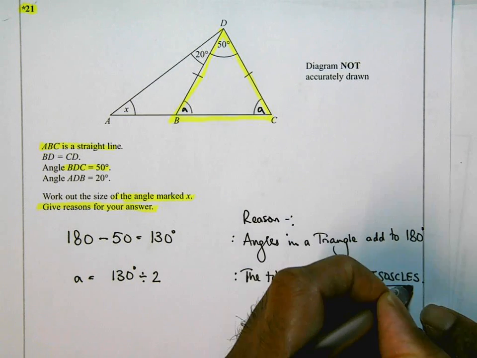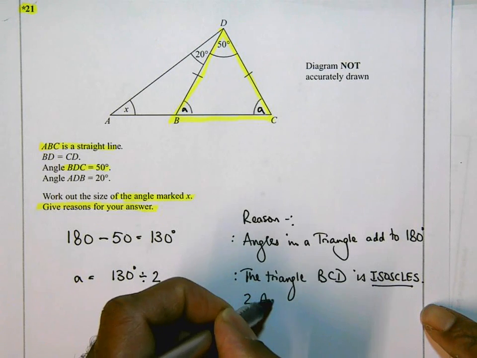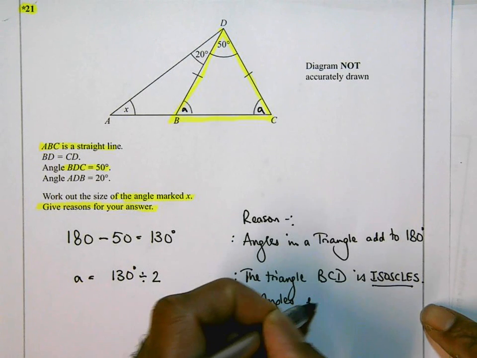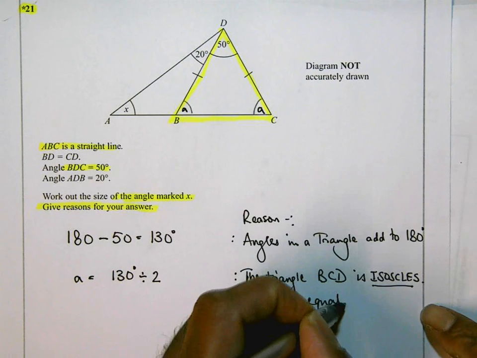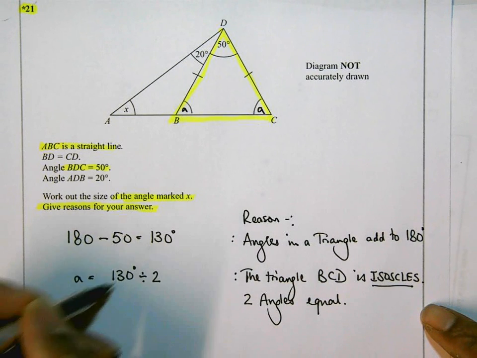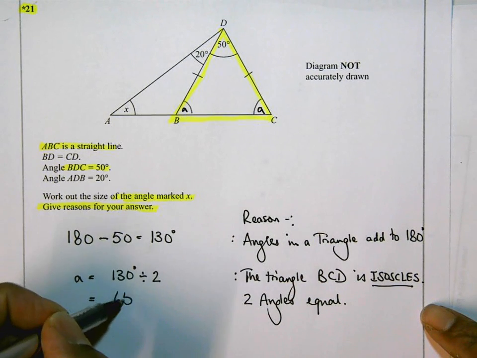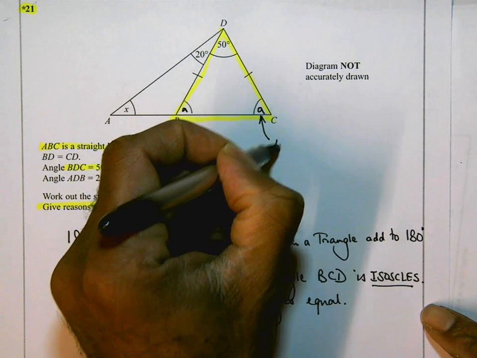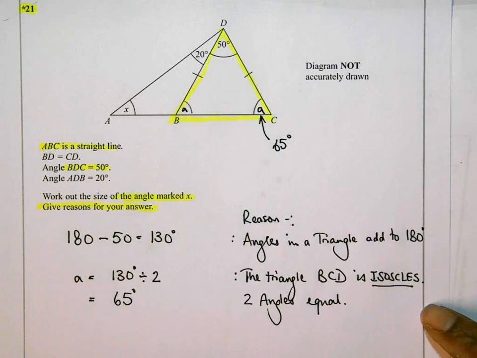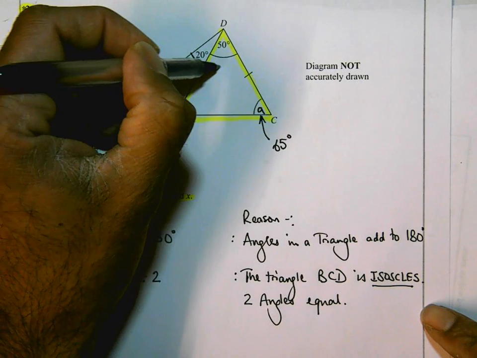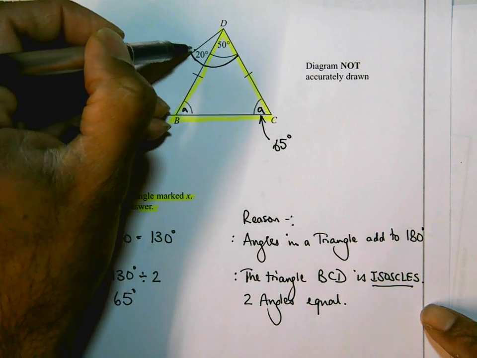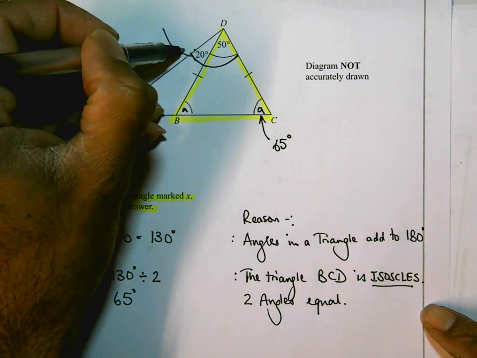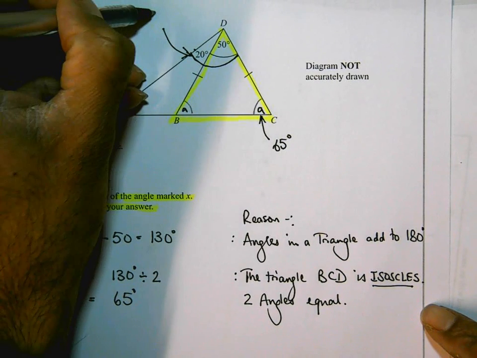Two angles equal. 130 divided by 2 is 65 degrees. Now, I like writing these in on the diagram. That's 65 degrees. This whole angle over here is 50 add 20, which is 70 degrees.